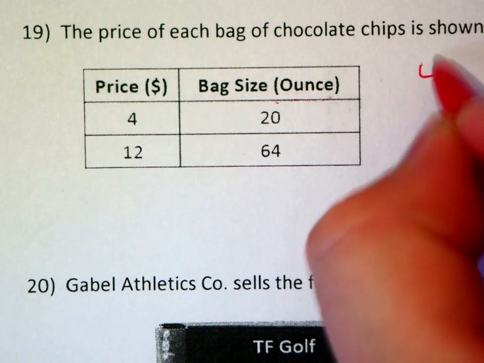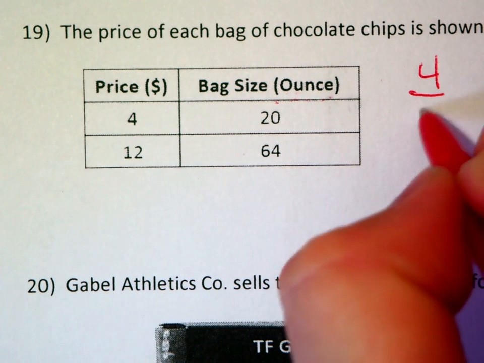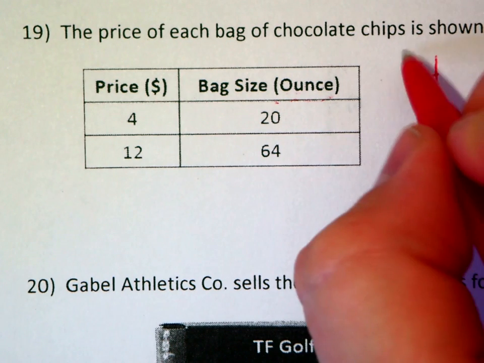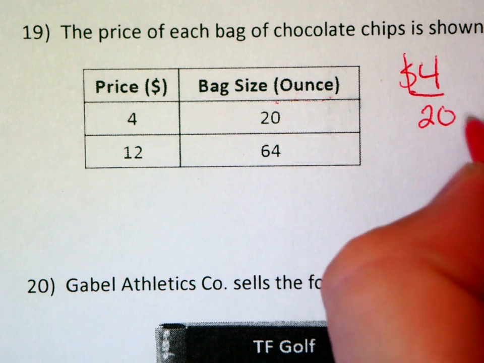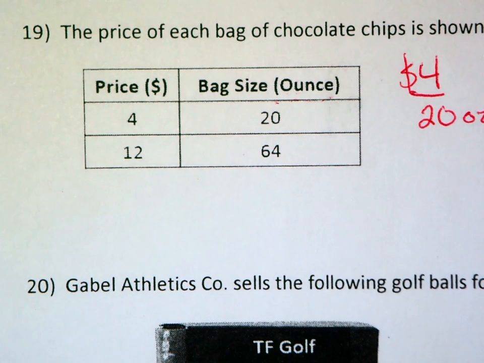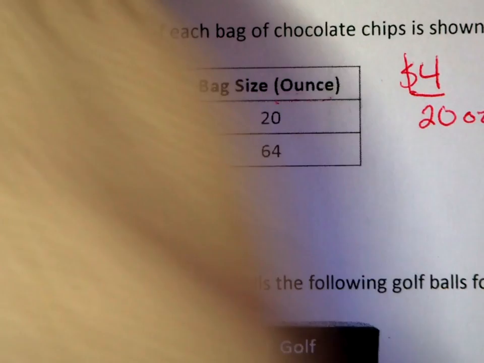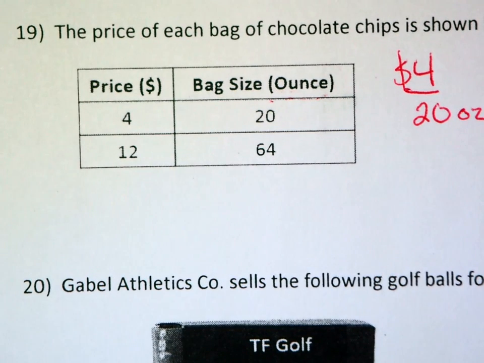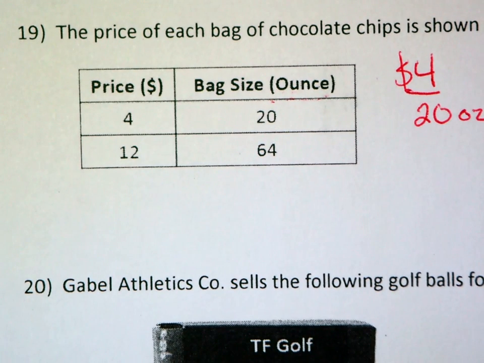So I would start with $4 over 20 ounces. When I divide 4 by 20, I get 0.2.